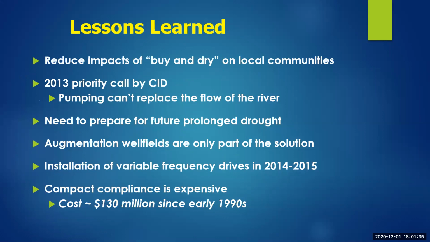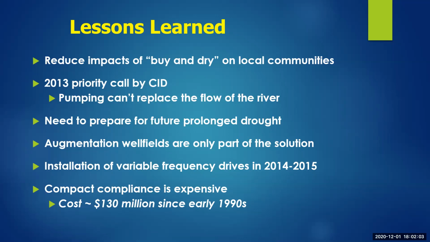Buying significant water rights and drying large chunks of agricultural areas is awful to see. It's had a significant impact on local communities. So that approach of buying and drying is something that we've looked at very carefully, and if we were to ever do something like this again, that's something that really needs serious consideration.